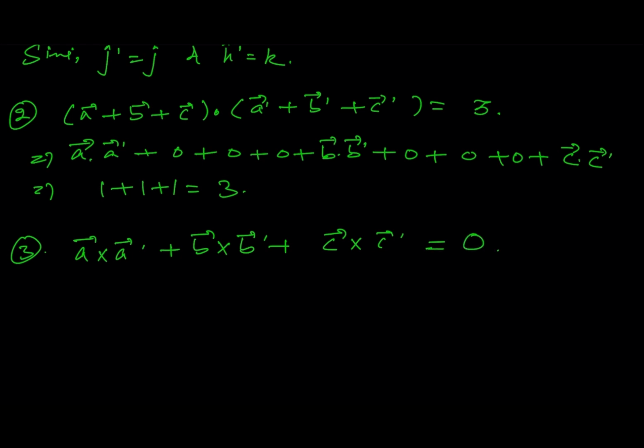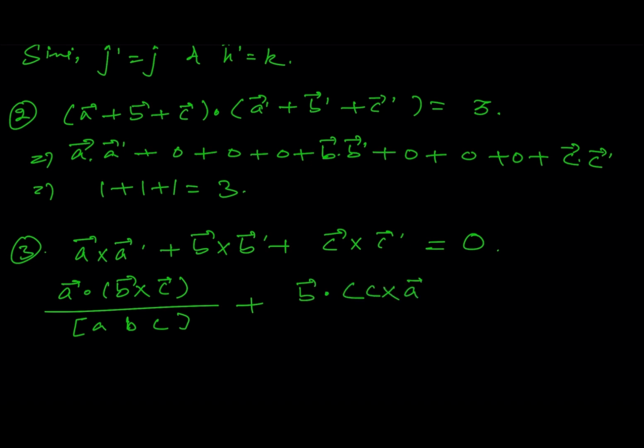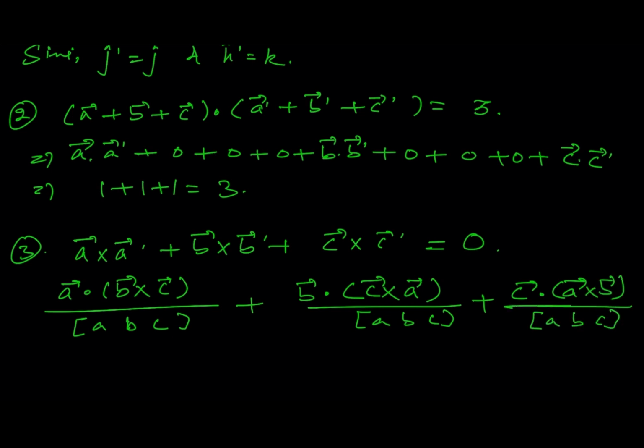Again, A dash is nothing but B cross C upon box ABC, so we get A cross B cross C on box ABC plus B cross C cross A on box ABC plus C cross A cross B on box ABC, right?